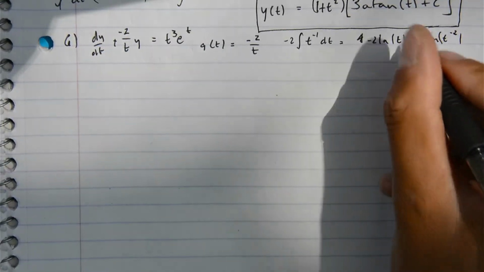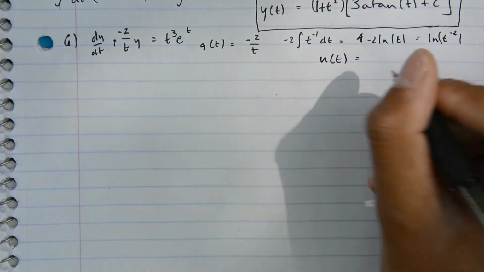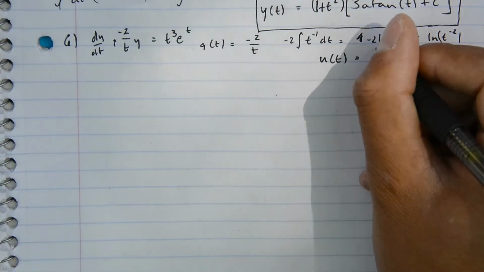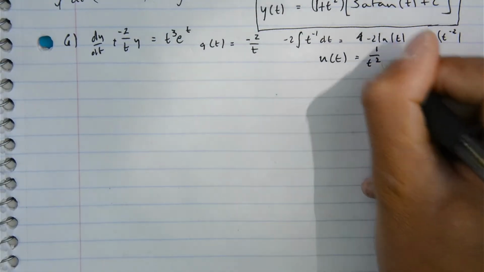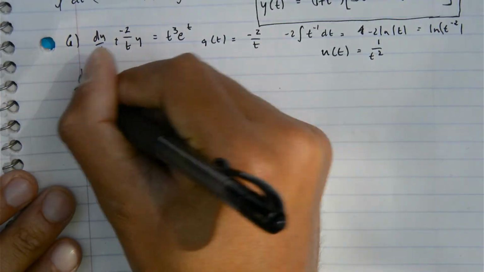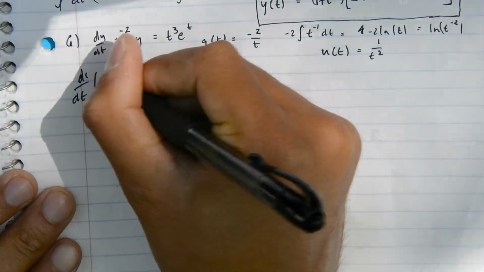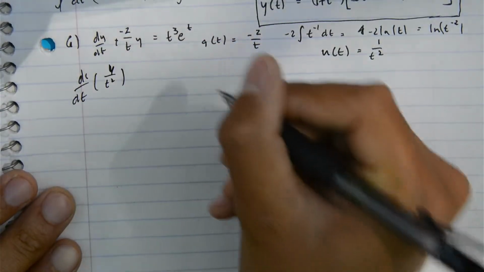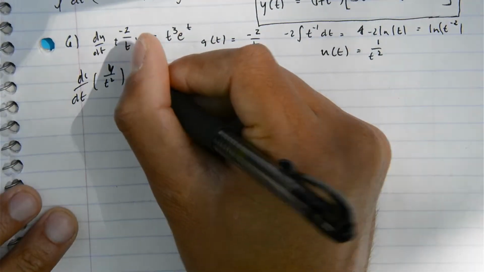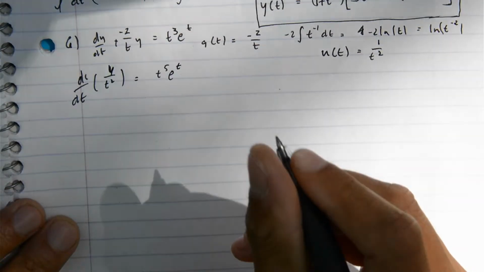So then we exp that, and u of t becomes 1 over t squared. So then we're going to get d dt of y over t squared is equal to t to the 5th e to the t.